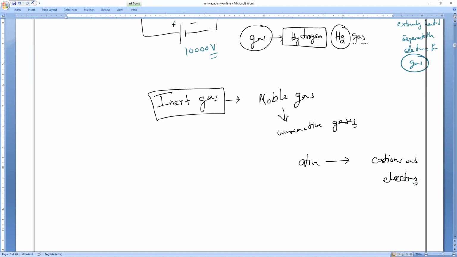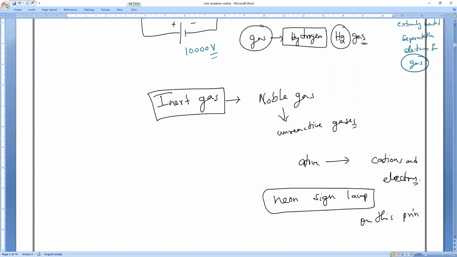So that is what the neon sign lamp is. Do you all understand neon lamps? How many of you know neon lamps? Neon sign lamps work on this principle only. They use noble gases or inert gases. Under normal pressure, gases do not conduct electricity because the particles are close to one another.